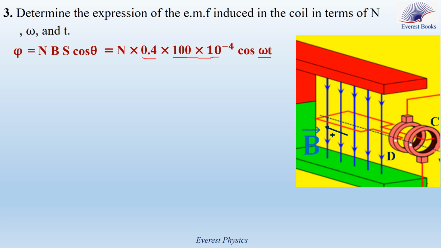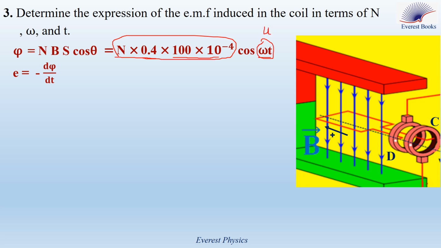Now we want the expression of the electromotive force, which is given by Faraday's law. So we need to differentiate the above expression with respect to time. N times 0.4 times 100 times 10 to the power minus 4 is constant, so it stays the same. Now take omega t as u.